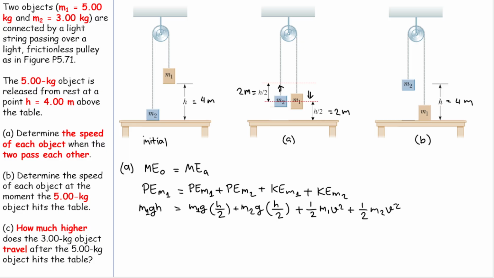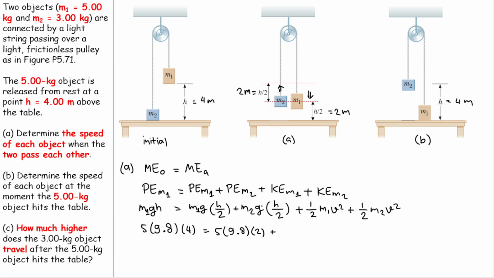Good. Now all that we need to do is plug in the numerical values. Here M1 is 5, and then 9.8, multiplied by h, which is 4. And then 5, 9.8, and h over 2 is 4 divided by 2, that will be 2.